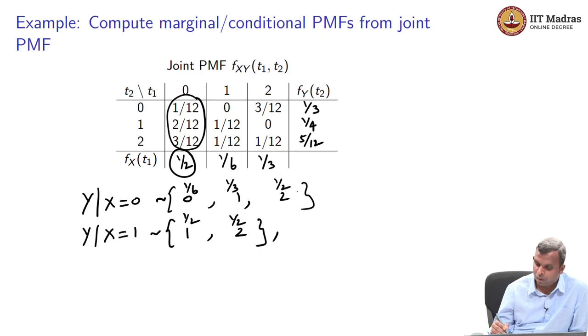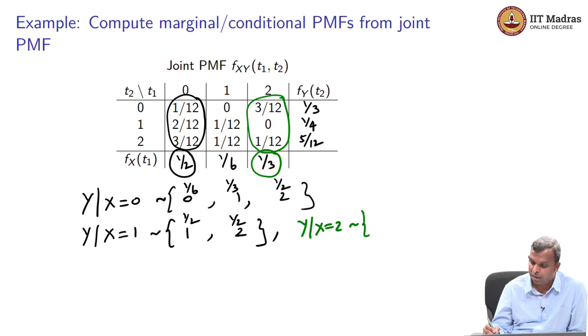So supposing you look at y given x equals 2. I'm looking at this column and then I'm going to divide by this quantity here. That's going to be 0, 2. I don't have to write the 0 explicitly, because that's going to take a probability 0 there. Why do that? So you'll get a 3 by 4 and a 1 by 4.